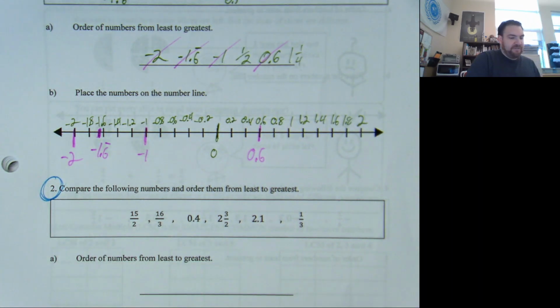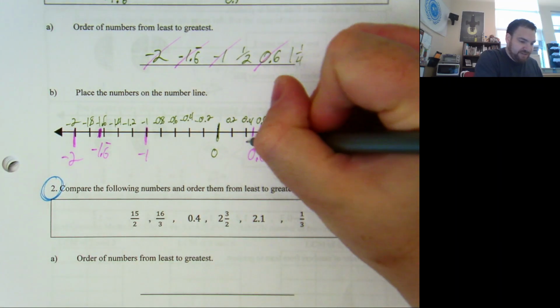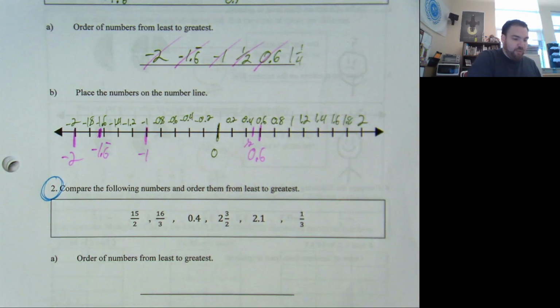Where do we put a half? Between 0.4 and 0.6. That's your 1/2. And then your 1 1/4. Just after which one?